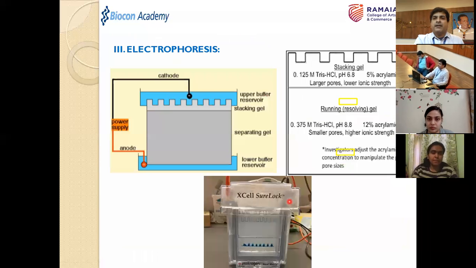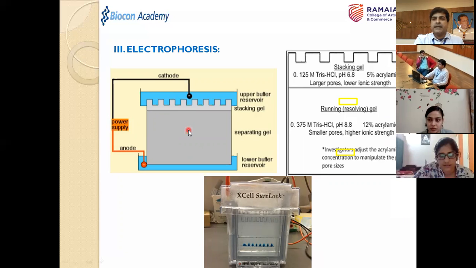Okay. Next is electrophoresis. So if you see this gel, there are two distinct parts, the bottom portion and the upper portion. These two portions are separate. When the gel is having two distinct parameters, what type of gel is it? Gradient gel, sir. Very good. It's a gradient gel.